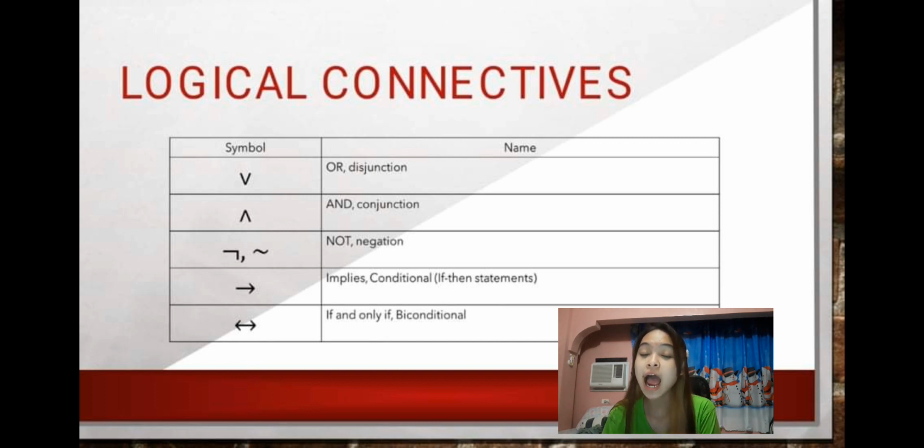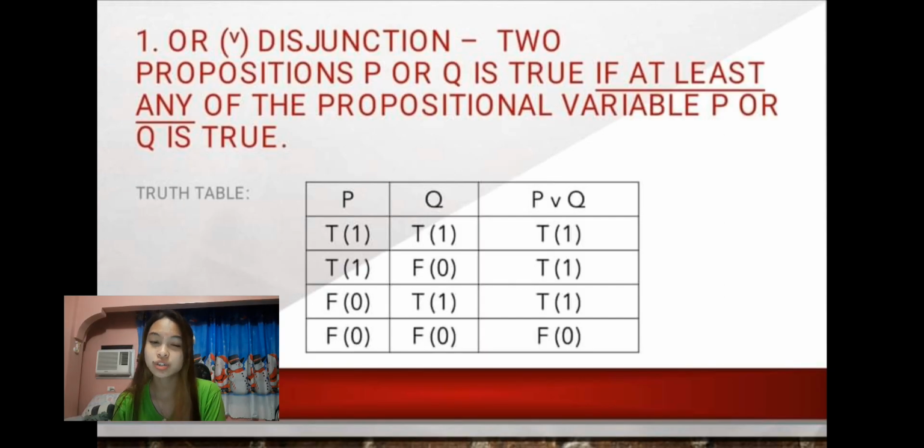The arrow that goes to the right is called implies, or the conditional, or if-then statements. And the arrow that has both directions is called if and only if, or the biconditional. At this juncture, let us discuss one by one all the logical connectives.